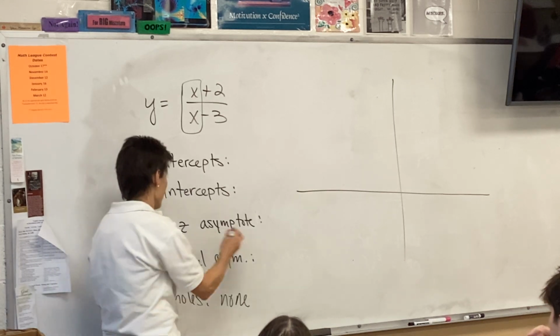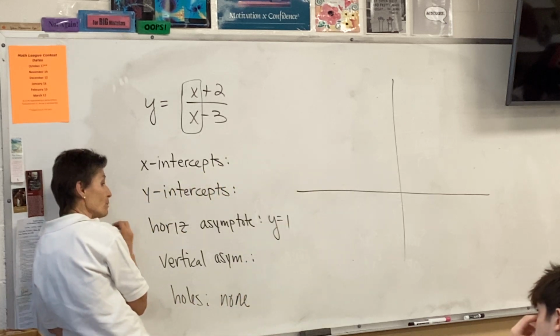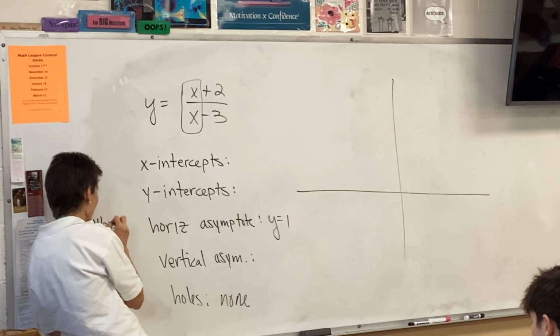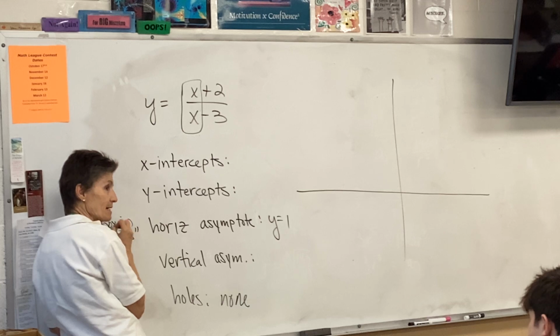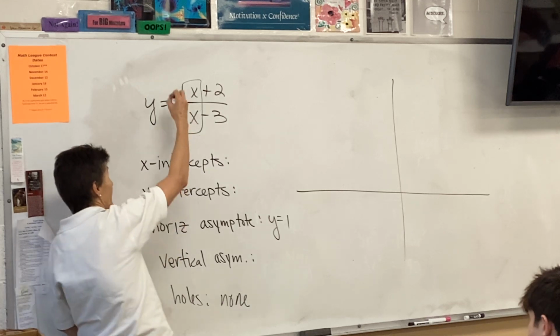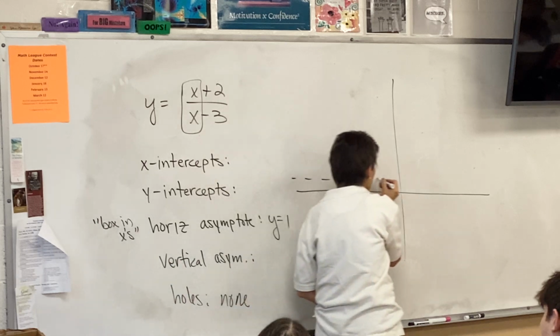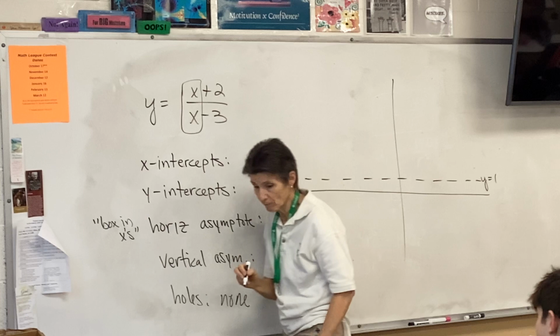Y equals 1. I'm going to make a little note over here to help me remember. I'm just going to say box in the x's, but you explain it any way it makes sense to you. That's how you get the horizontal asymptote. So in my picture, I'm going to draw my horizontal asymptote at y equals 1. Perfect.